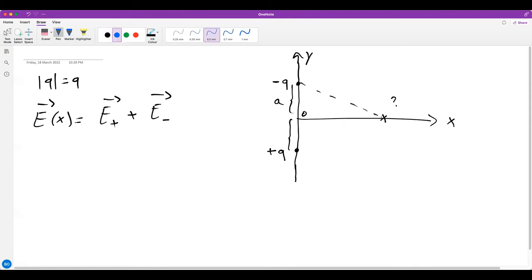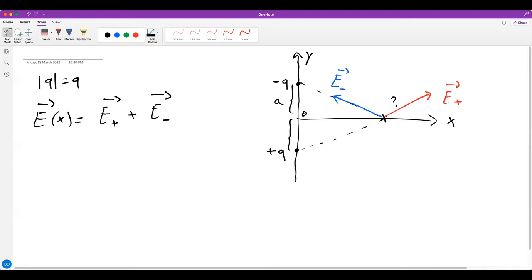I will take it in blue. So this is the electric field created by the negative charge, and the electric field created by the positive charge is outward. I will just call it E plus.